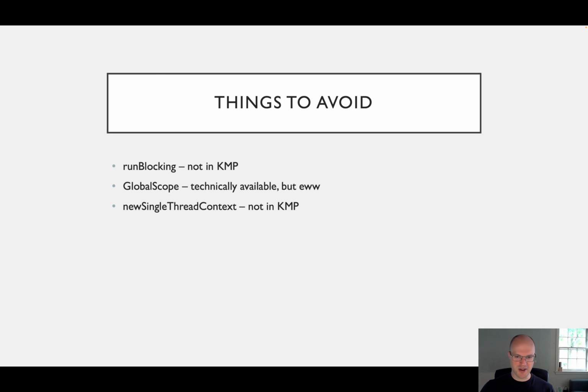They don't want to worry about race conditions and locks and stuff. So if you were to use a newSingleThreadContext, you don't have to worry about that because everything with that dispatcher is going to use one thread, and it'll always run in serial. So I think this is kind of a blessing in disguise. It certainly makes your code more complicated, but it also forces you to write actual thread safe code, which is better if you can pull it off. So not too big of a loss here.